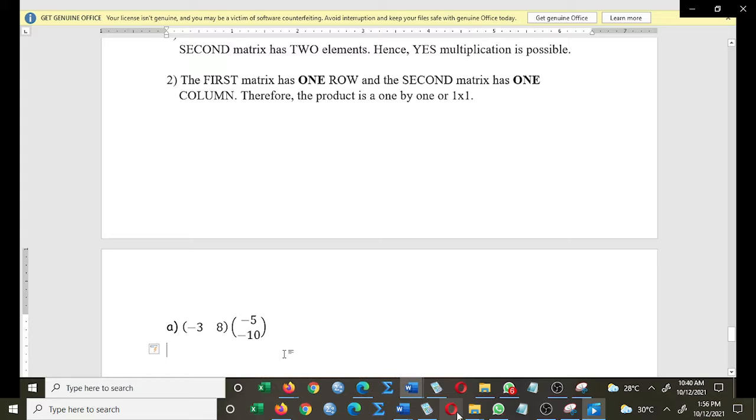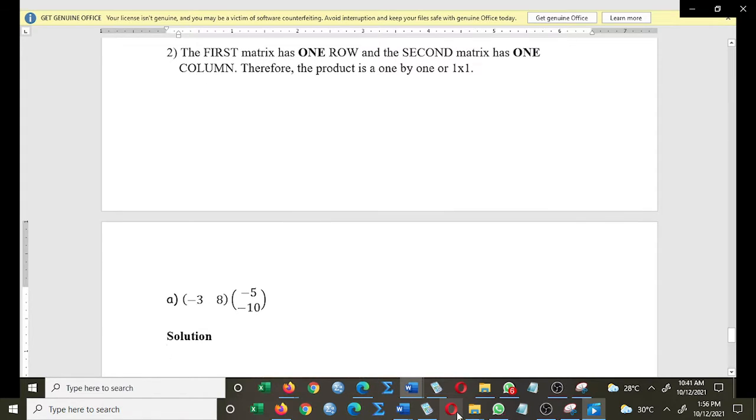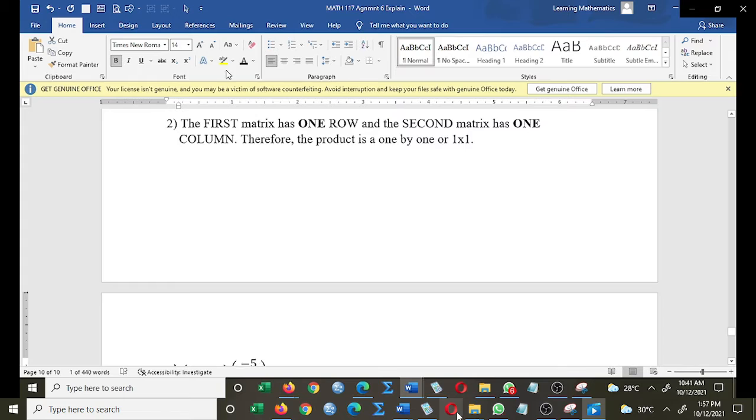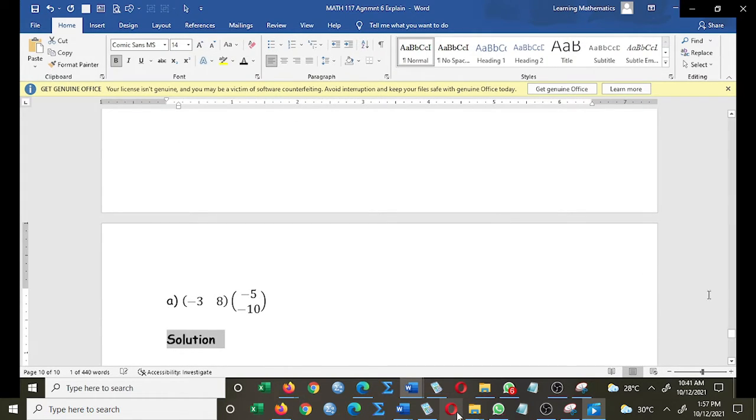Yes, sir. Let me tell you. Say it in your own words. Yeah, I'm listening. You have to multiply -3 by -5 and -10. Can you put that in terms of words, like you're making a general statement that applies to any matrix?